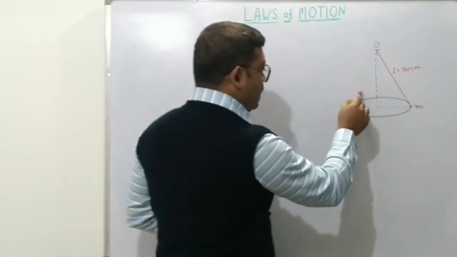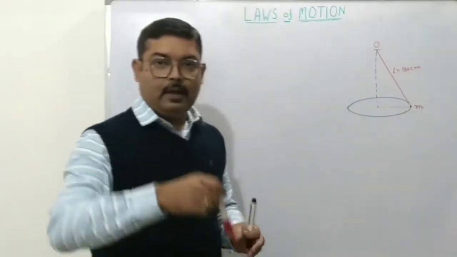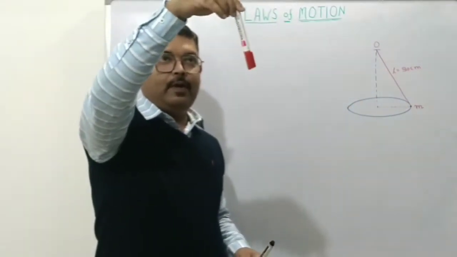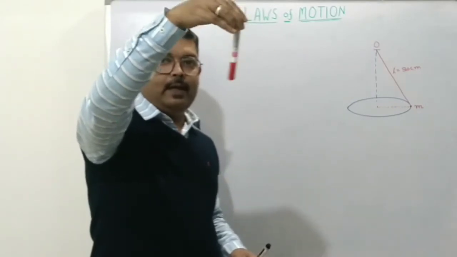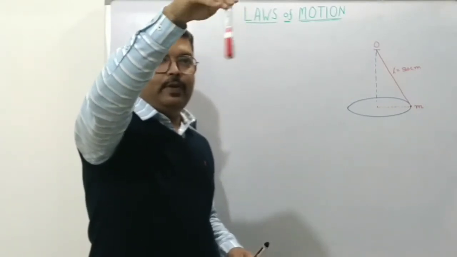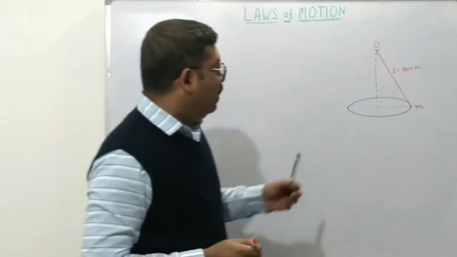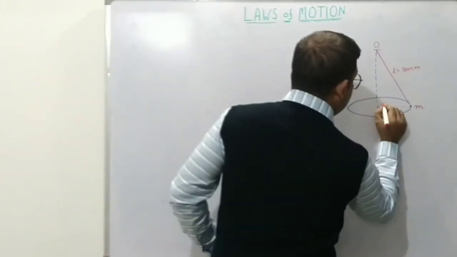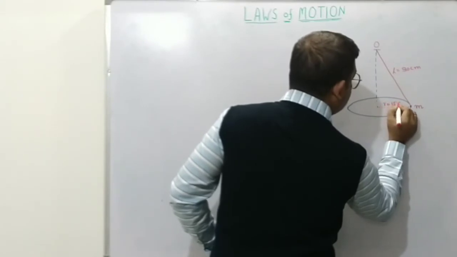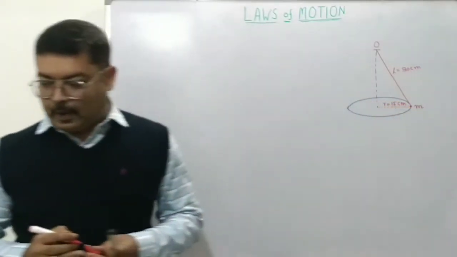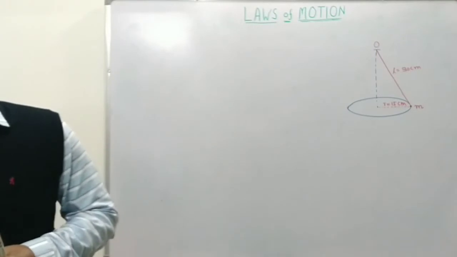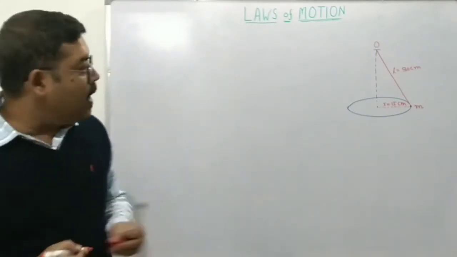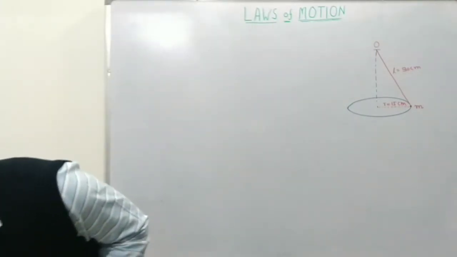It is traversing a horizontal circle, tied from a fixed point on the vertical, and it's moving like this in a horizontal circle. The radius of the horizontal circle is given to be 15 centimeters. Now, the mass of the object is given to be 0.1 kg.